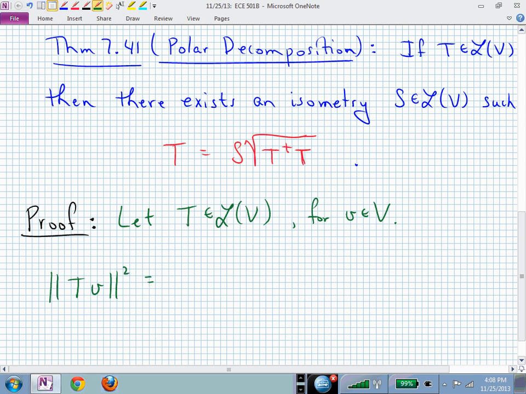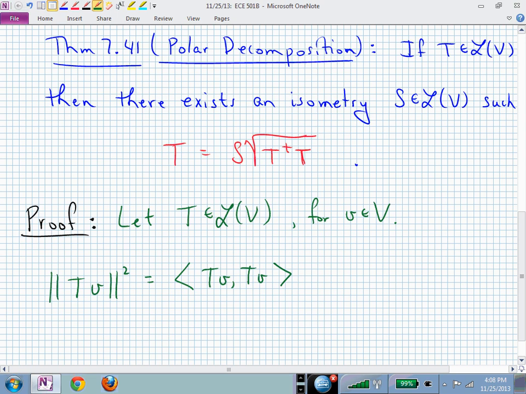the norm squared of TV. And in an inner product space, we know that the norm squared is simply the inner product of TV with itself. That's the definition of the square of the norm in an inner product space.